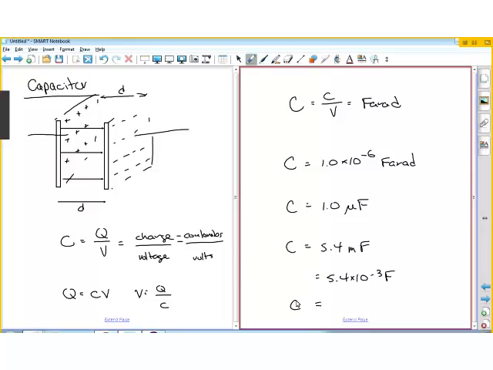And there are things like picofarads. So let's say we have 7 picofarads. Pico is 10 to the minus 12. So those are the values for capacitors. Typically they are fairly small fractions of a farad.